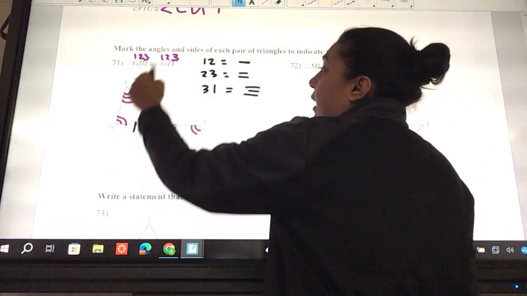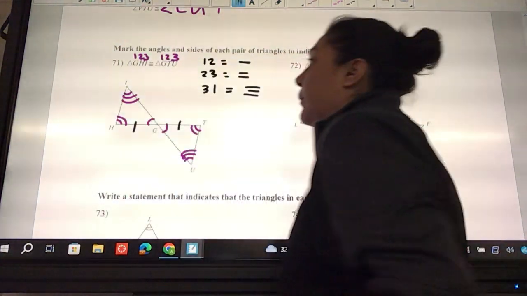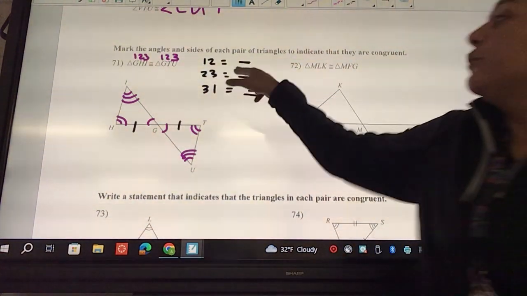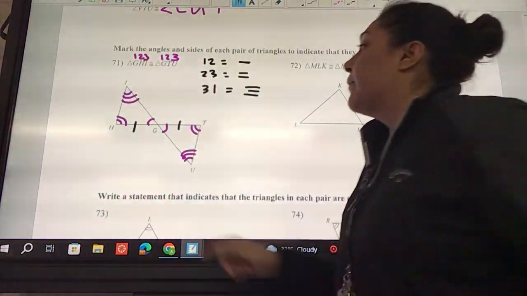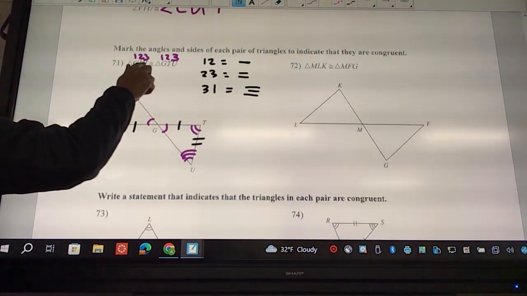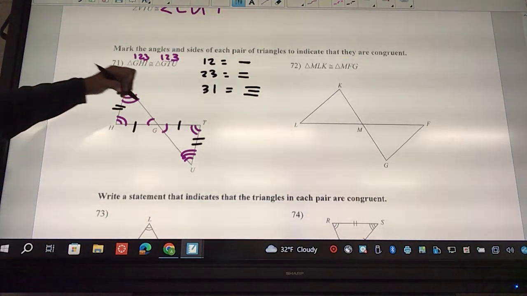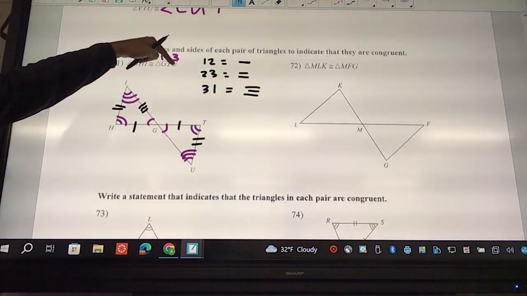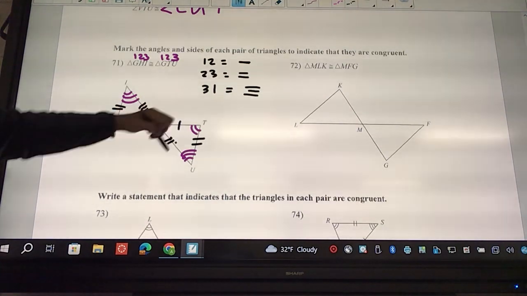GH is going to get 1 line, and GT is going to get 1 line. For number 2 and 3, that's HI is going to get a 2, and TU is going to get a 2. And then 3, 1, that's IG is going to get a 3, and UG is going to get a 3.